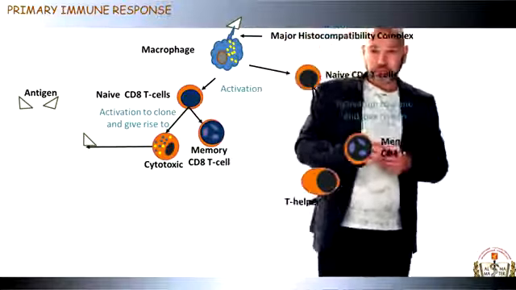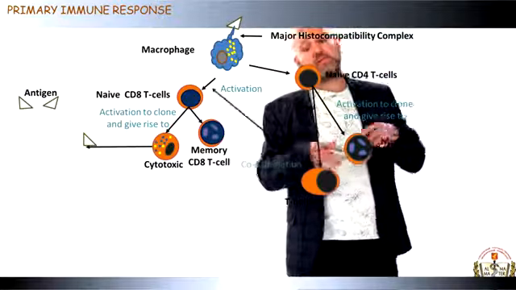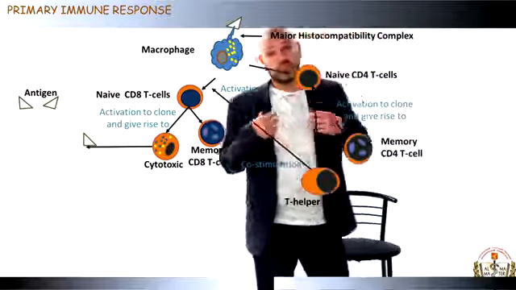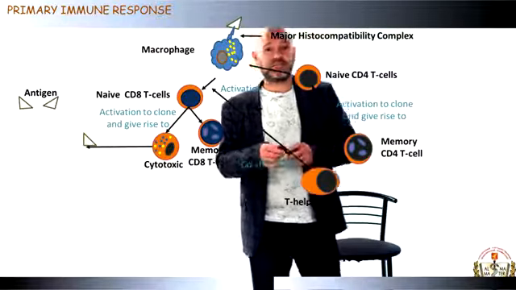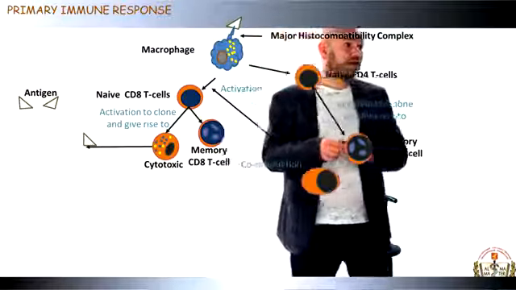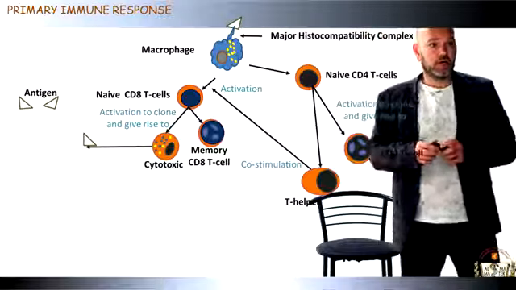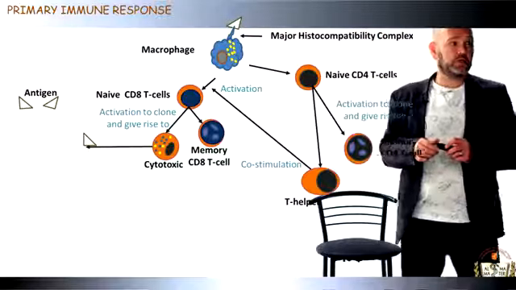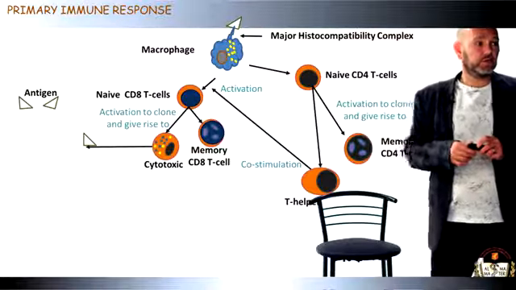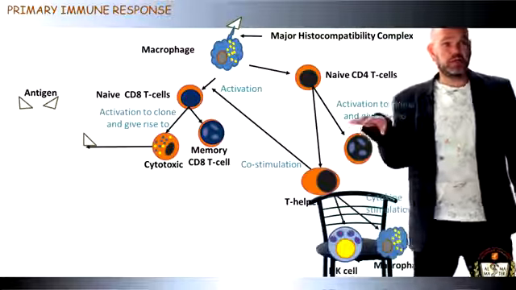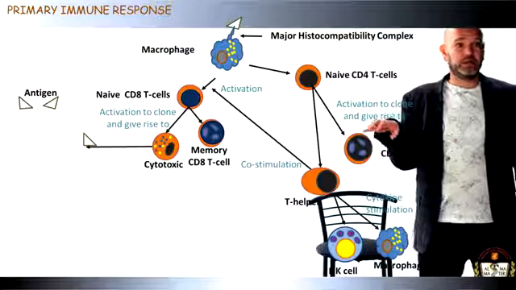Of course, activation of a CD8 cell will give a signal to release multiple cytokines. Those cytokines will attract more macrophages and natural killers to the site of invasion. And of course, this whole set of cells will fight with the initial antigen, directly with antigens.